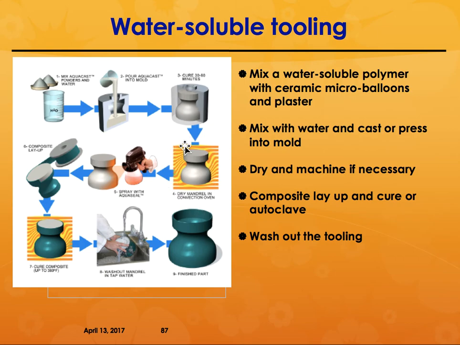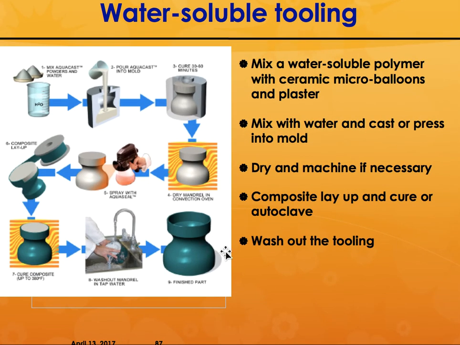And then you coat it, and then you cover it so that the resin does not penetrate into the mandrel itself. And then you lay up the composite on top of that, either by filament winding or something like that. And then you cure it, either autoclave or non-autoclave. And then you just wash out the material, and you end up with the final part with the right size and shape.